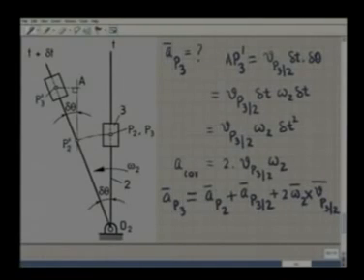Vp3/2 is along the slot, omega 2 vector is perpendicular to the plane of motion, and this cross product will give the magnitude of the Coriolis acceleration as this. And this last term is what we call A Coriolis.